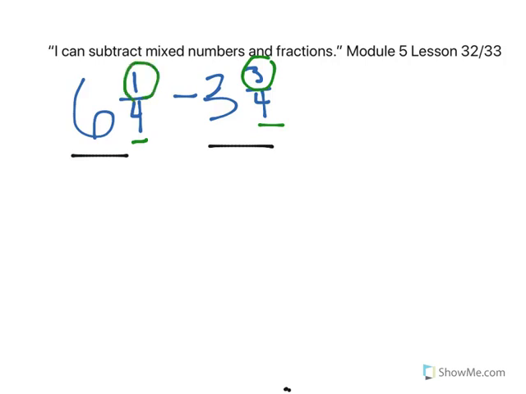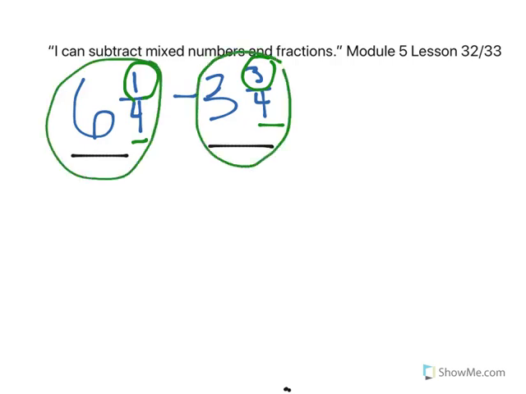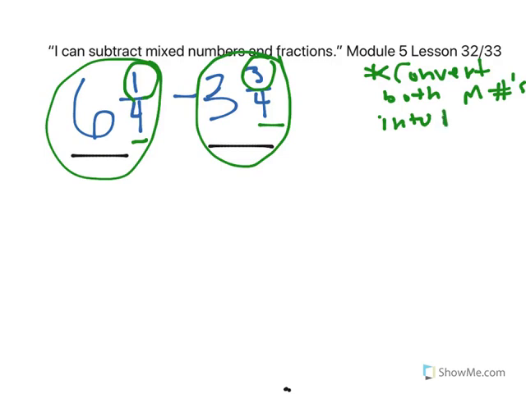Well, no, I cannot. So the approach I'm going to use is I'm going to convert this mixed number into an improper fraction, and I'm also going to convert this one into an improper fraction because they're both mixed numbers. So your strategy here in your success criteria is to convert both mixed numbers into improper fractions.